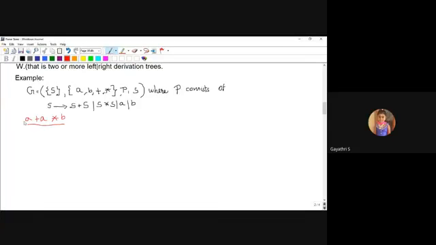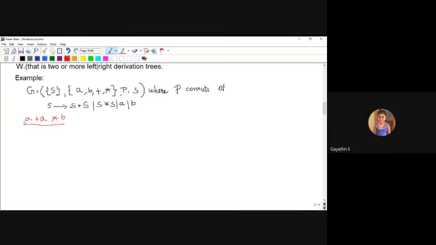Before drawing the parse tree, first I will write the leftmost derivation. If the marks are more than 2, or if it is 4 or 10 marks, before constructing the parse tree you have to write the particular derivations.